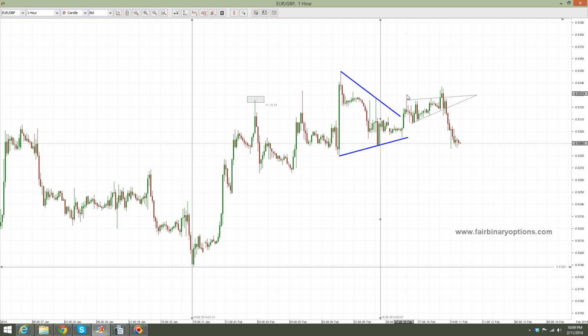It means the first wave here, the second, the first, like this. So from the lows, the first wave, the second, the third, the fourth, and the fifth, and therefore price moving.